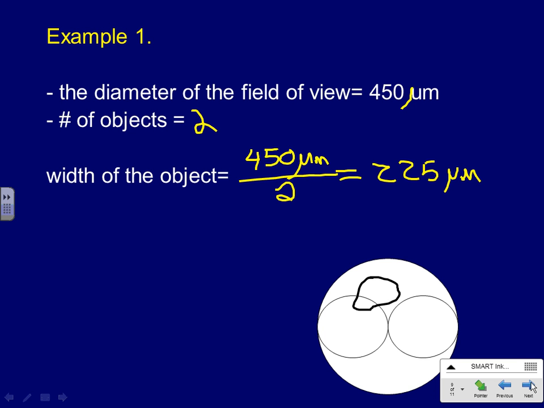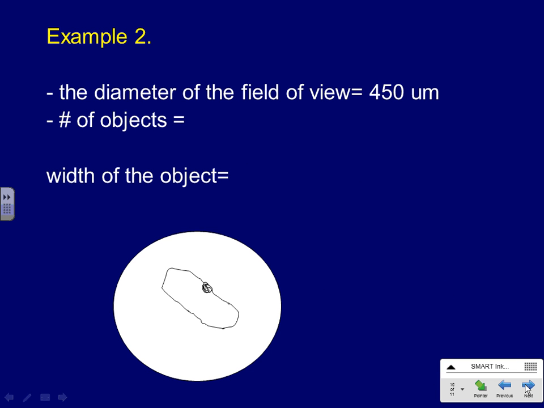Okay. So the calculation is pretty straightforward. We know how to get the field of view using our equation. All we have to do is get an image, and we need to estimate. Here's one more. Here, look at that. There's a good example there. Now, notice here I asked for the width of the object.